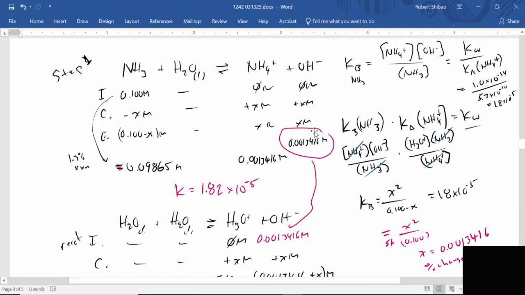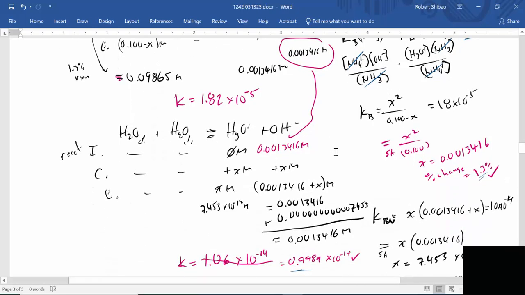Now, the question comes up: don't I have more than this? One of the questions is, aren't there more equilibria occurring here?